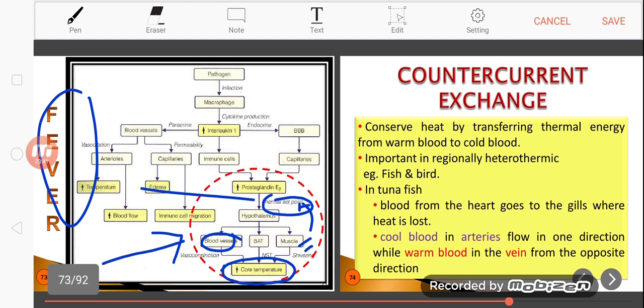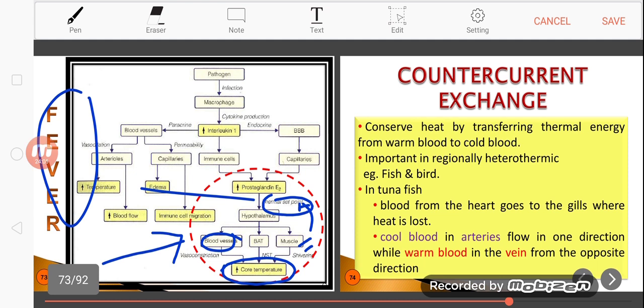Inside the body, the core body temperature is higher. The circulating blood will carry that heat throughout the body, and eventually transfer that heat by countercurrent.